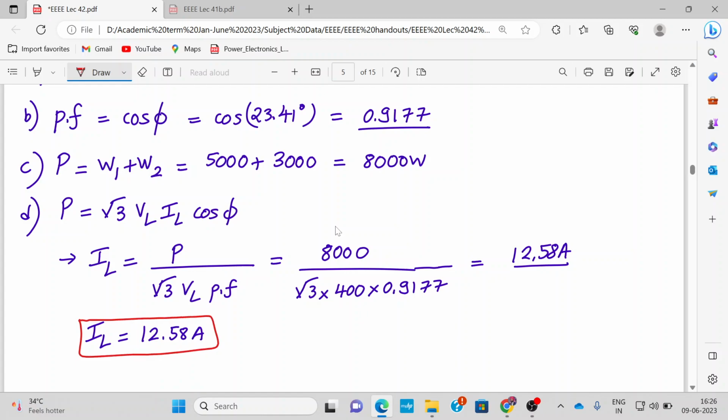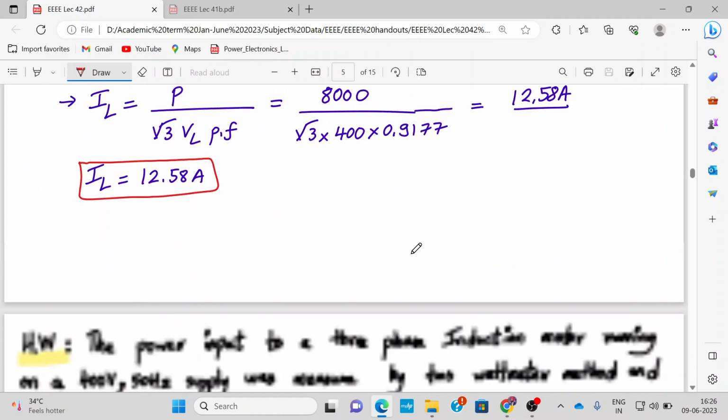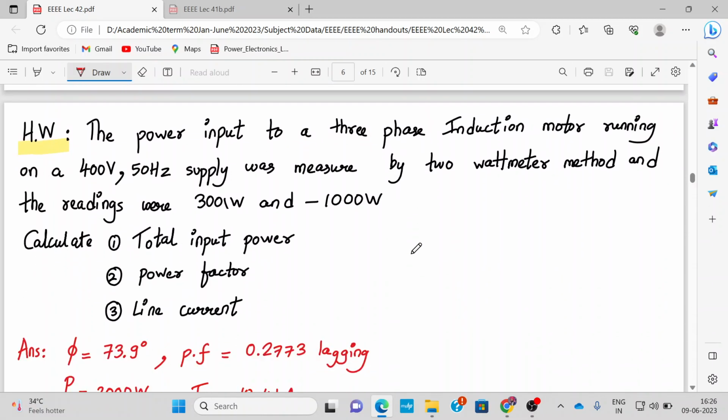Alright. In this way we can calculate similar numericals. Now let's see if we have one more. Yeah, it's the homework numerical. Exactly similar. So over here the 2 wattmeter readings are 3000 watts and minus 1000 watts. So we can follow a similar approach.